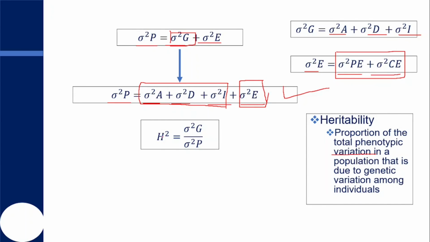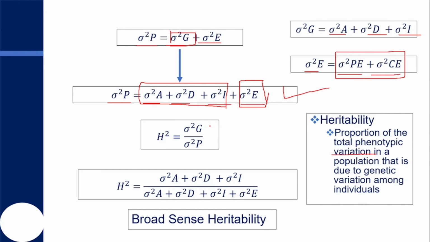And this type of heritability mentioned here is broad sense heritability, and the formula of broad sense heritability can also be extended as sigma square A plus sigma square D plus sigma square I divided by phenotypic variance. So we have replaced this genotypic variance with the components of genotypic variance, and we can also replace the phenotypic variance with the components of phenotypic variance, and this type of heritability is known as broad sense heritability.